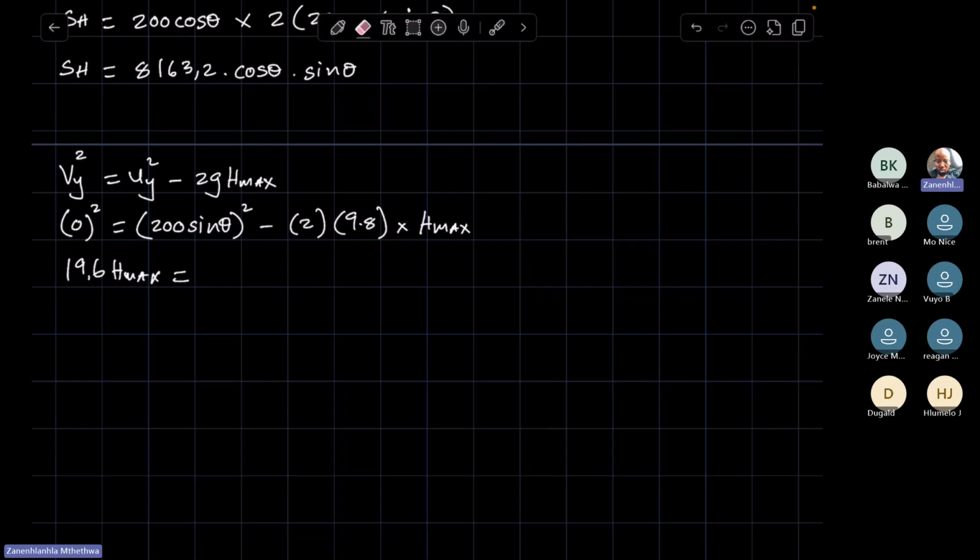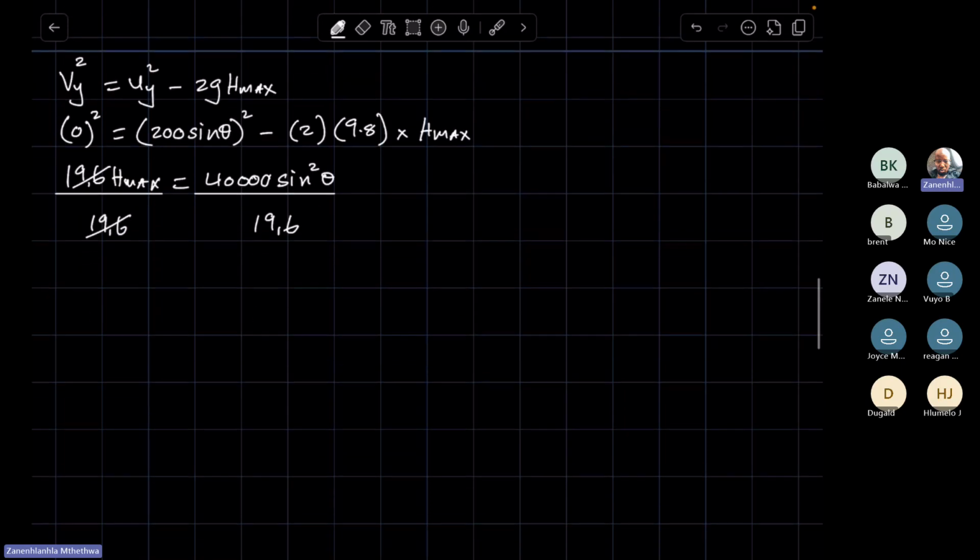So essentially here you will have 40,000, 40,000 sine squared theta, right? And then you solve for h max, making h max the subject of the formula. So this becomes 19,6 divided by 19,6, right?